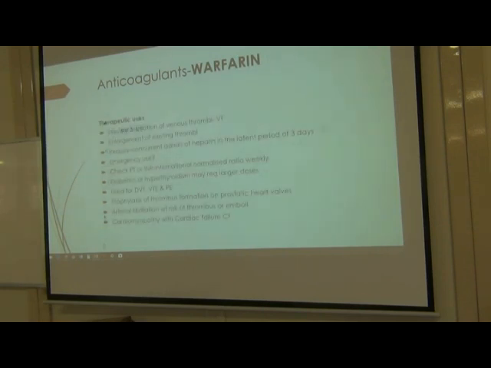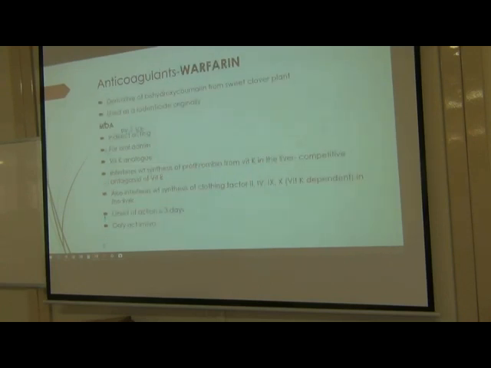Where were we? So it interferes with synthesis of prothrombin from vitamin K in the liver. Okay, so an antagonist, what does an antagonist do? It replaces the action or opposes the action of the drug.